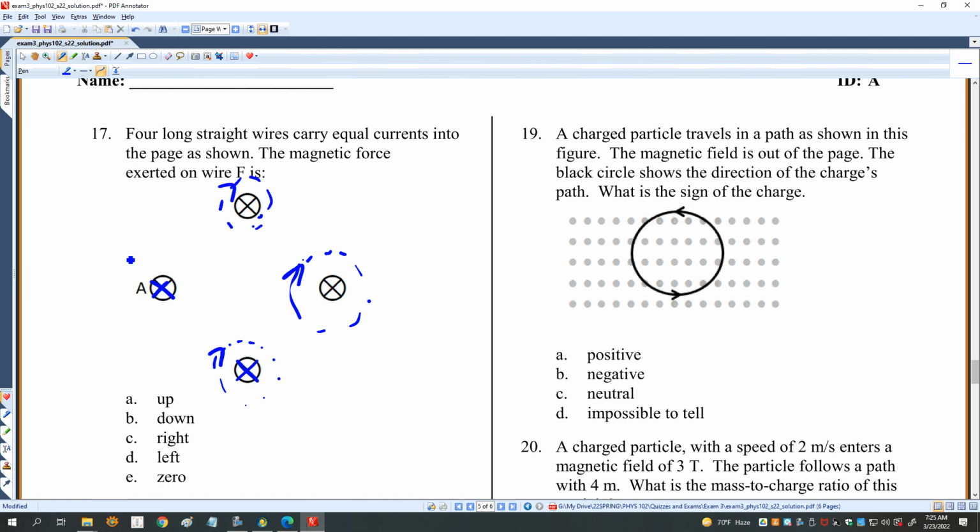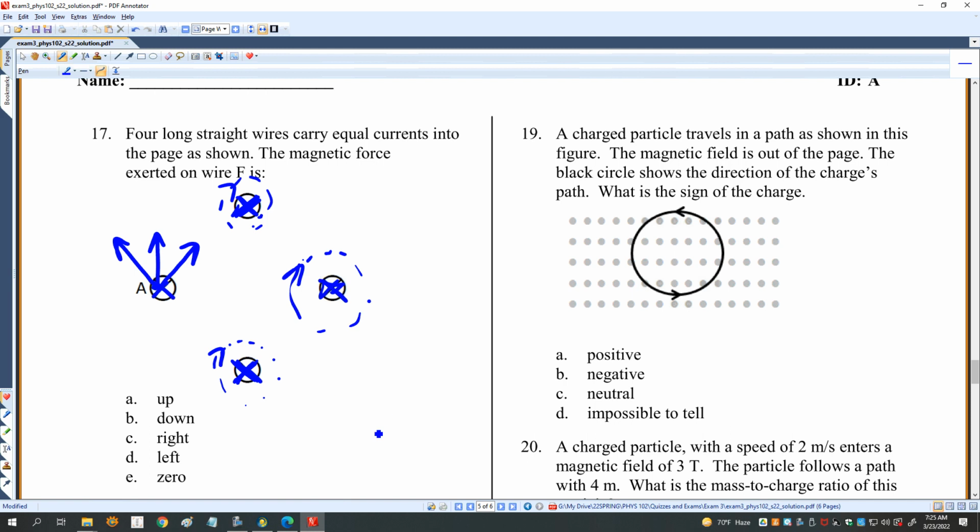So due to this wire right here, over here, the magnetic field is in that direction. Due to this wire, the magnetic field is in that direction. And due to this wire, what's it going to be? It's going to be in this direction. So the net magnetic field is going to be up.